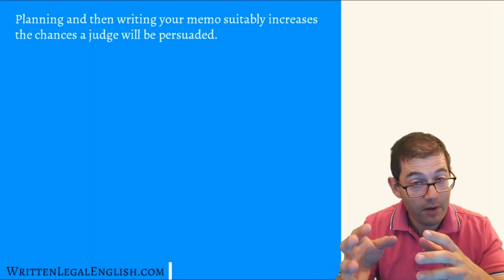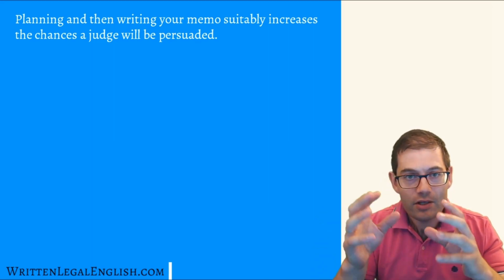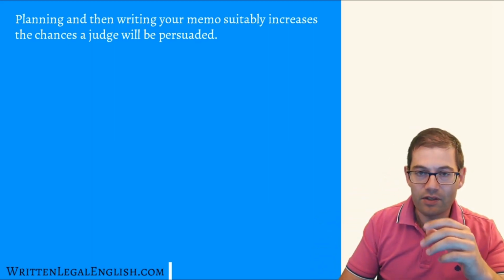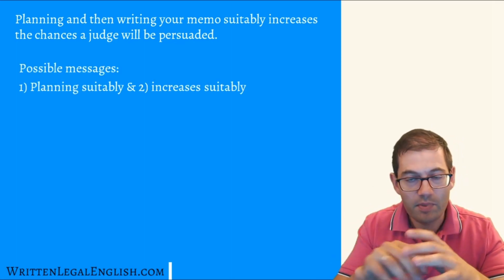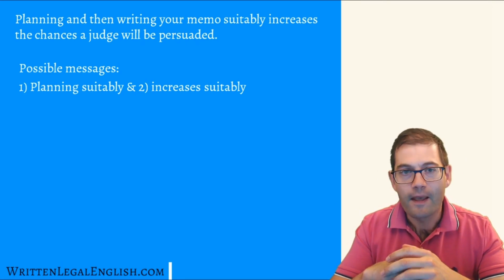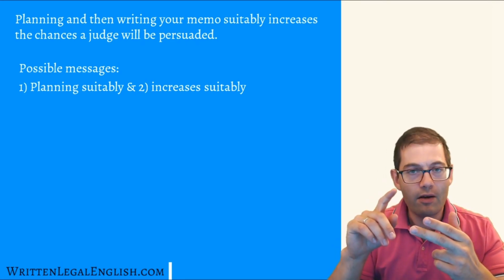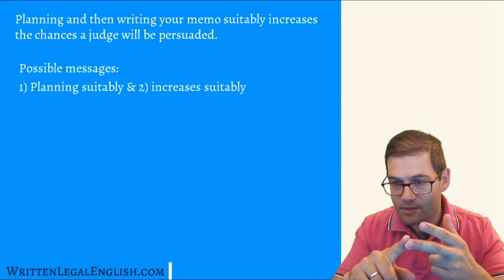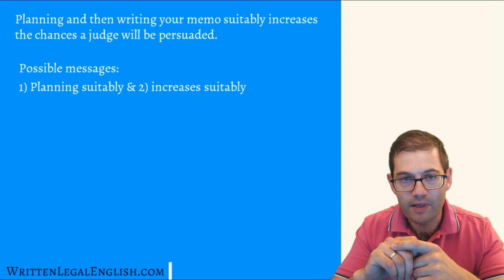I know for a fact in Polish you can't, because Polish language conventions are different, but in English, this sentence can be understood in one of two different ways. And those possible understandings are these: that there is suitable planning, or that there are suitable increases. So planning suitably or increases suitably.